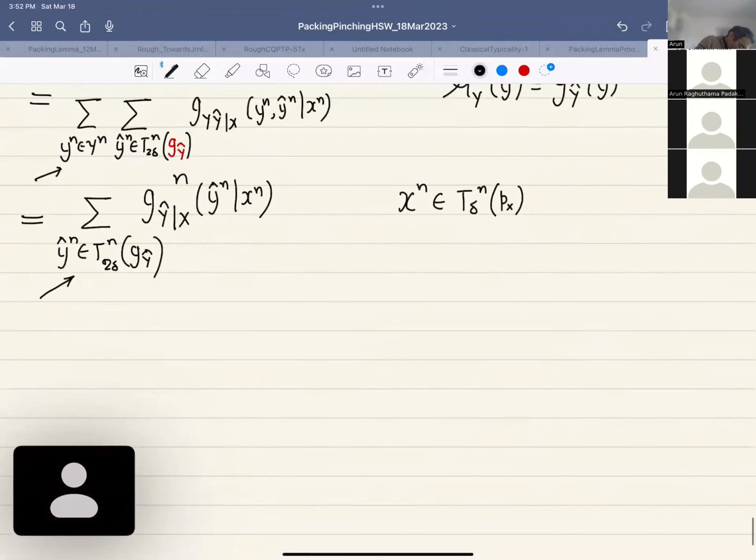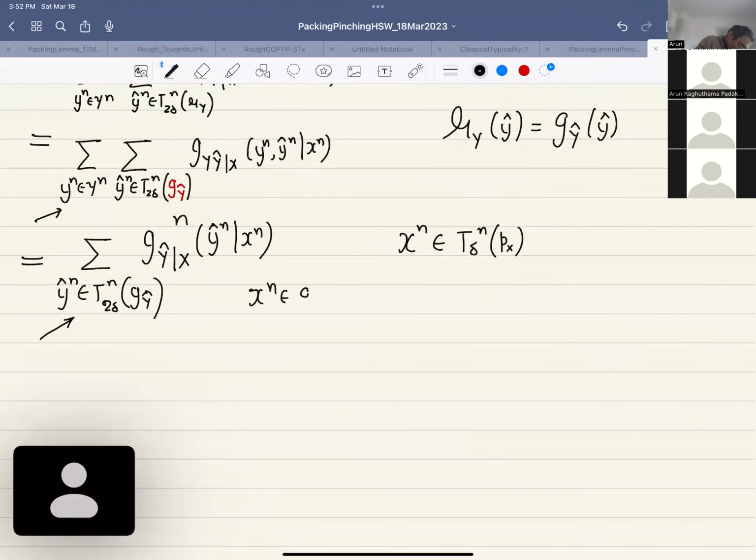If my xn was in T delta n gx, then I am done. Do you agree? Because my xn is in T delta n gx, my y hat n is in T2 delta n g y hat, and gx y hat is the distribution I'm taking with respect to which.